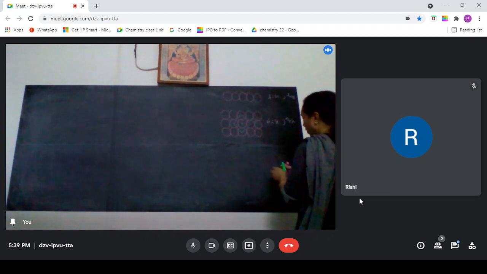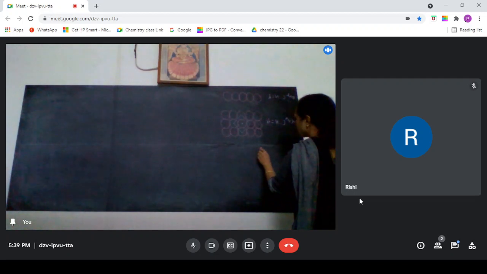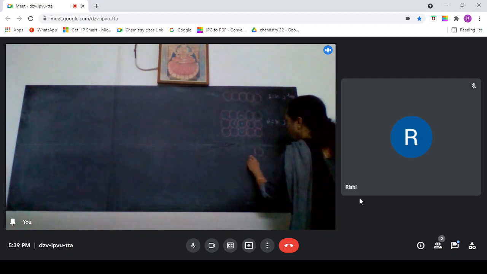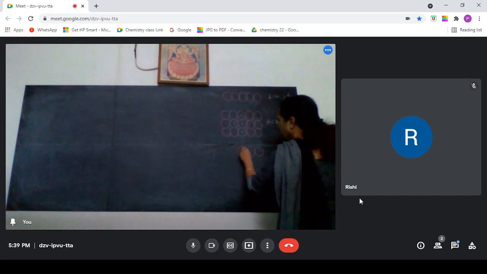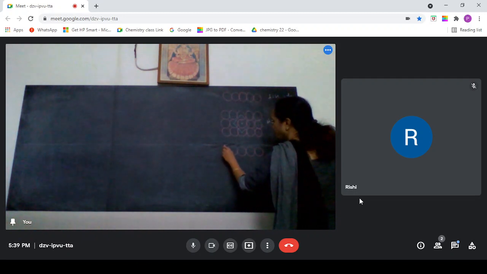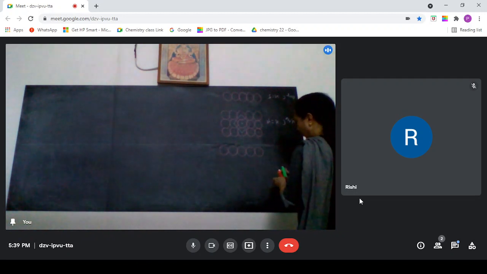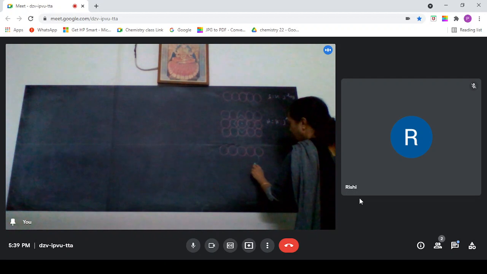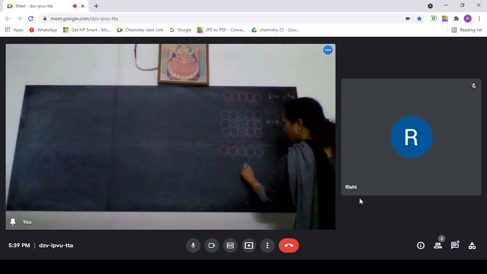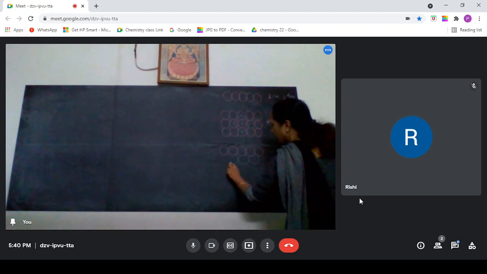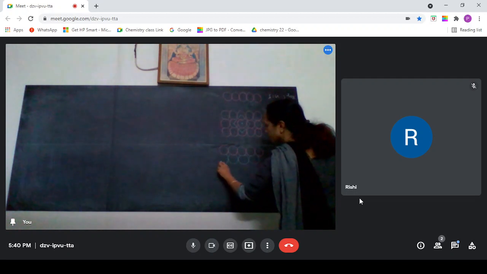In 2 dimensions, you can also put the rows. Now I will show you. This is one row, and you can put the next row like this, that is, in the gaps.